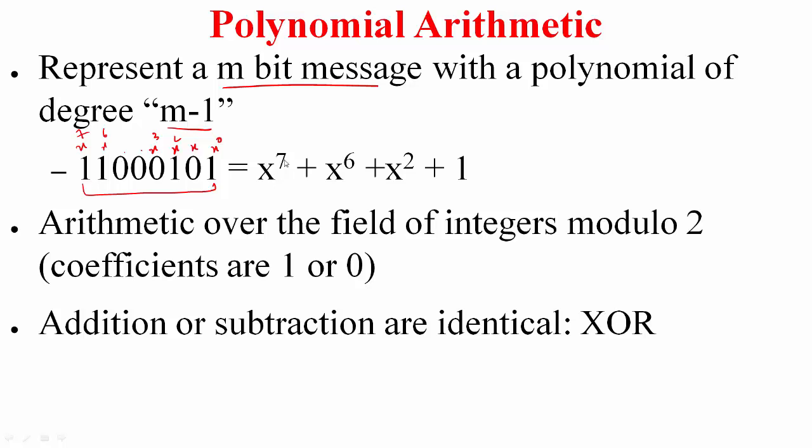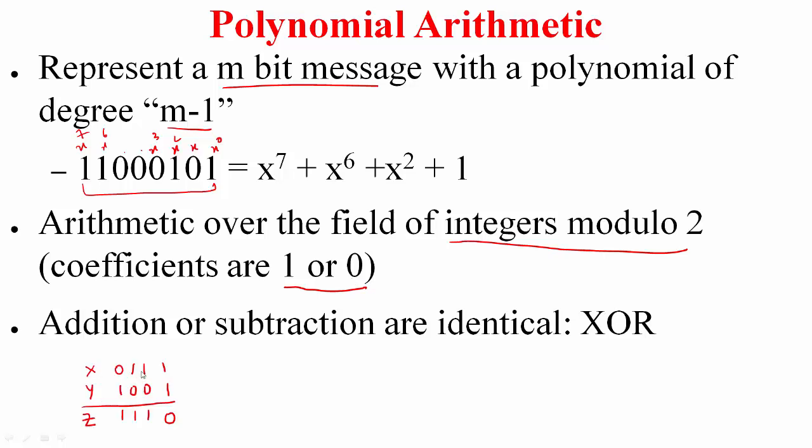As you can see, since these coefficients are 1, only x7, x6, x2 and 1 are represented. When you're adding or subtracting these polynomials, those additions are carried over a field of integers modulo 2. That means basically the coefficients are always going to be 1 or 0.